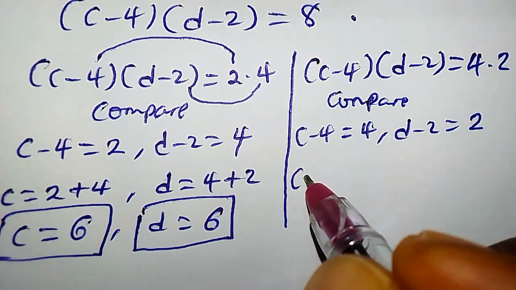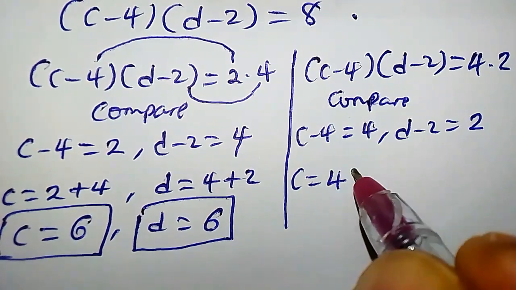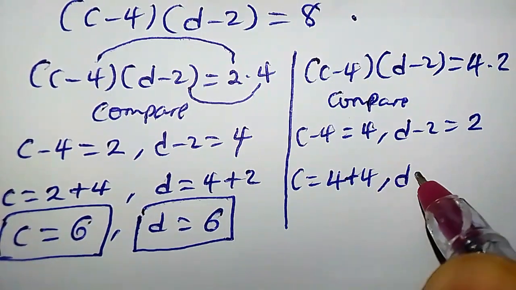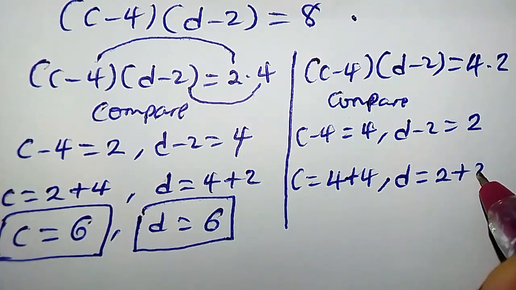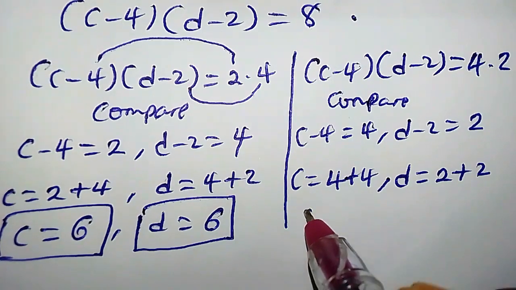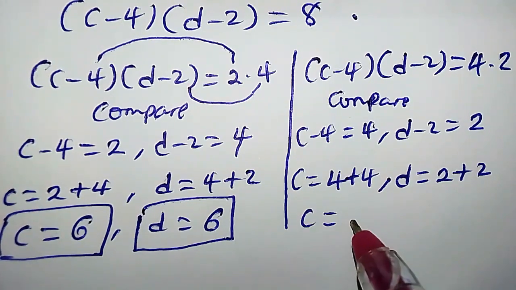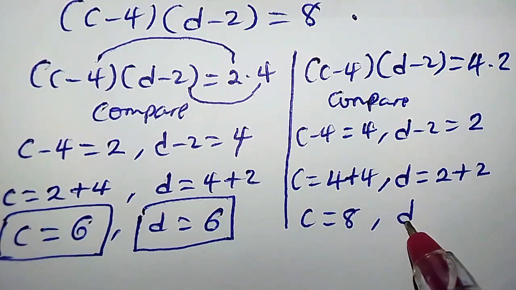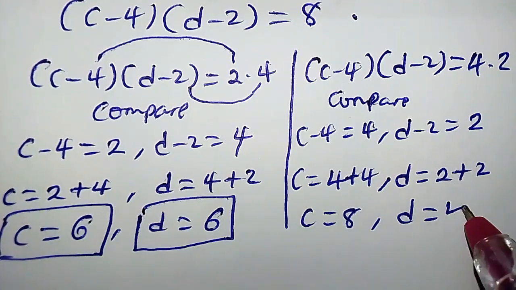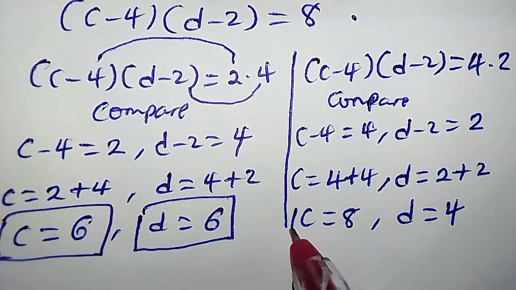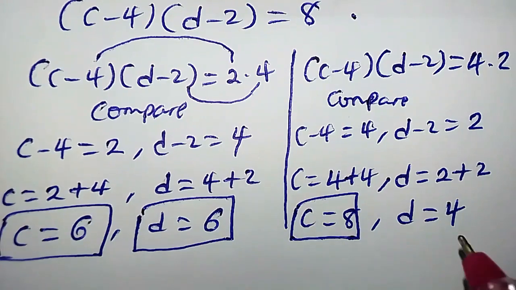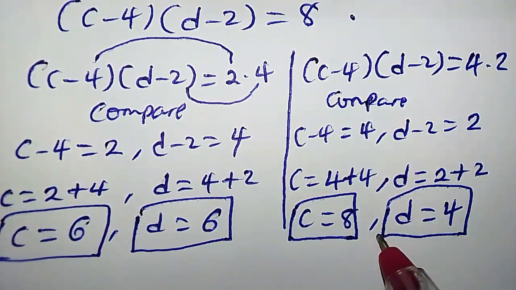From this line, we have C equals 4 plus 4, and D is equal to 2 plus 2. So, C is equal to 4 plus 4, that is 8. D equal to 2 plus 2, that is simply 4. This is the value of C, and this is the value of D.